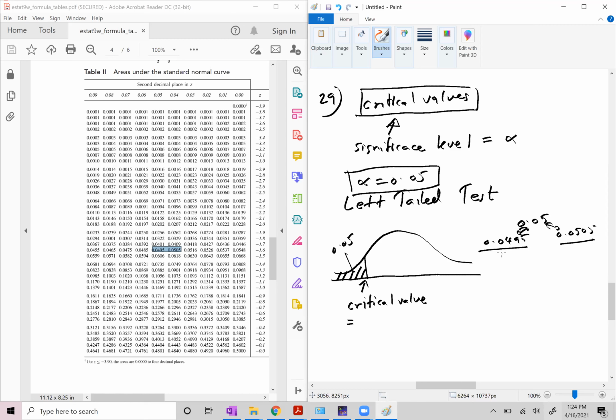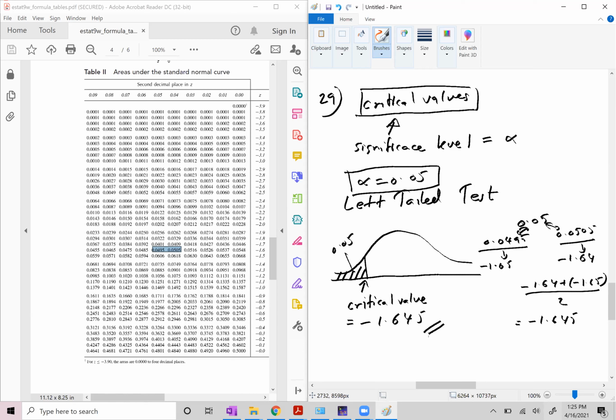I have to take both of them, take their z values, which are negative 1.65 and negative 1.64, and take the average of those two. Negative 1.64 plus negative 1.65 divided by 2 gives negative 1.645. So the critical value will be negative 1.645 for this left tail test. So for a left tail test, the critical value would always be negative.